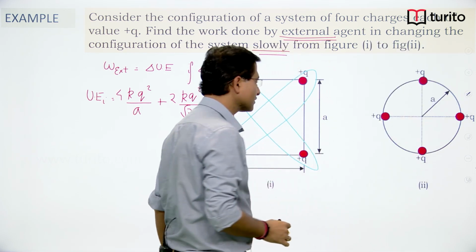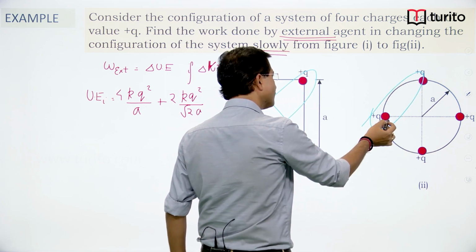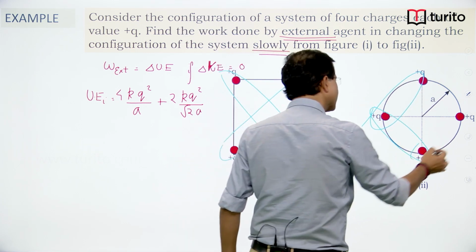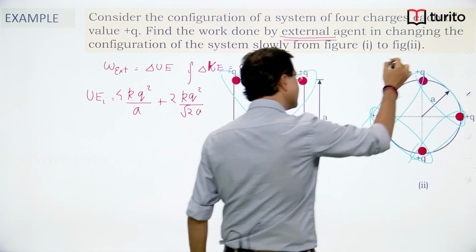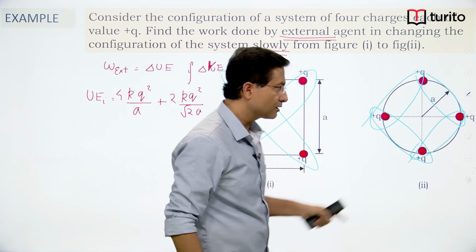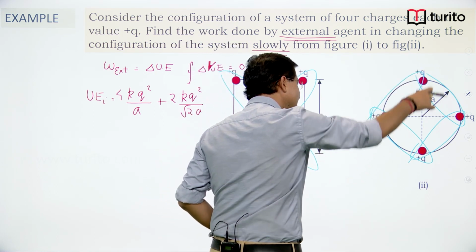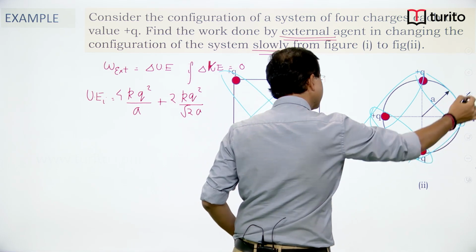Let us first see the configuration. So same way I can make the pairs: first, second, third, fourth. These 4 combinations I can make this way. Let us first write, and then what I will do, these 2 and these 2, right.